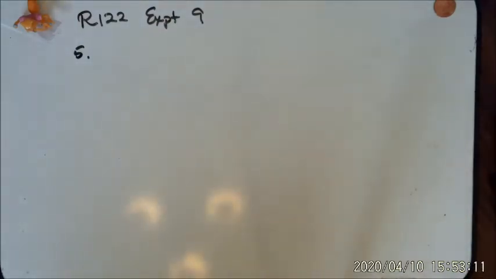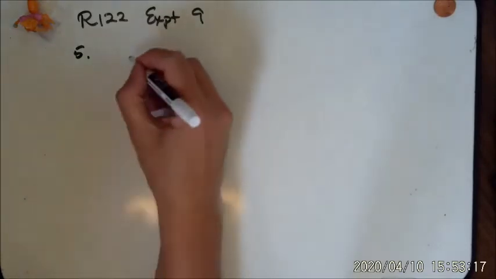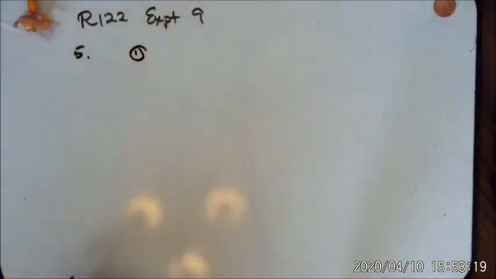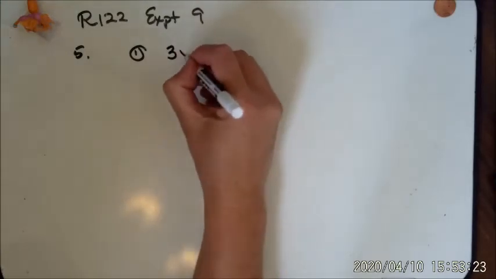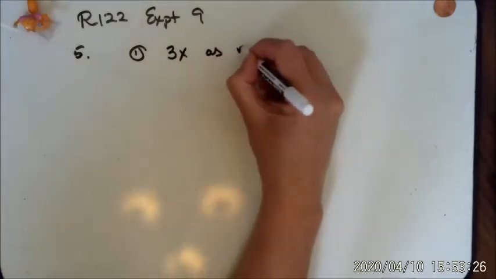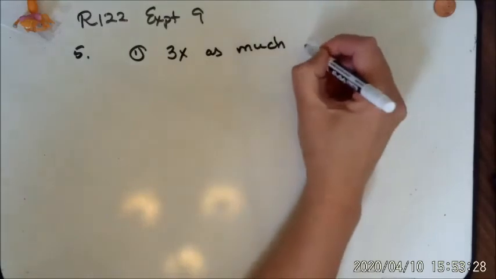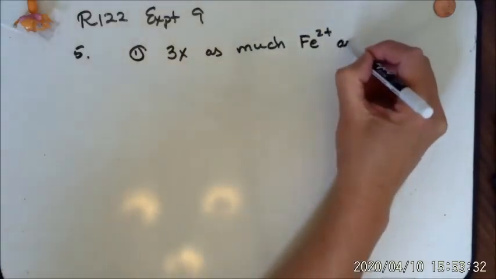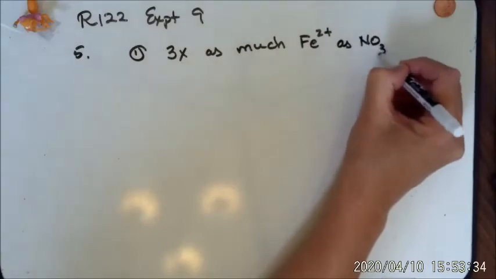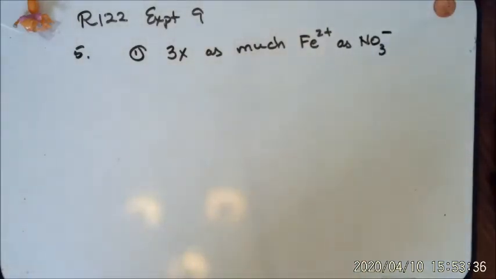Alright, so you need excess for two reasons. Okay, one. First of all, you need 3 times as much iron 2 as nitrate. And we don't even know how much nitrate we're putting in there. So we need excess just to make sure that we have our reaction.